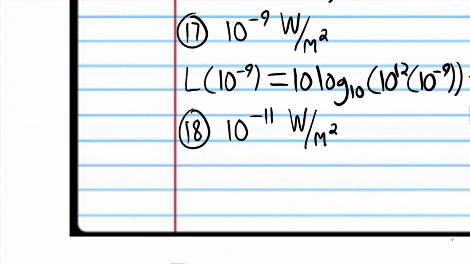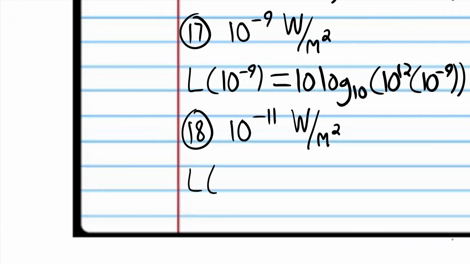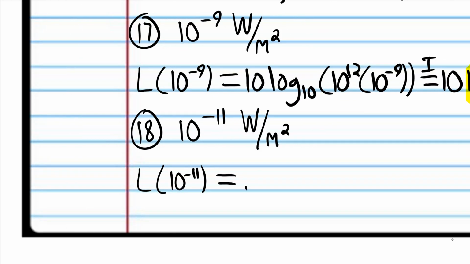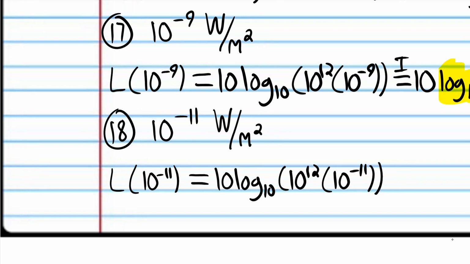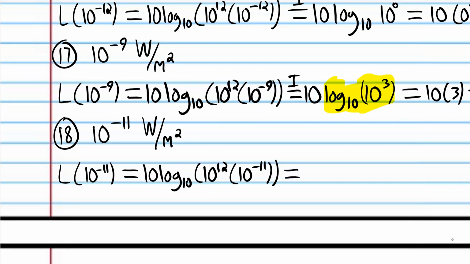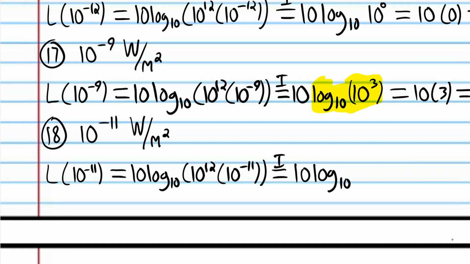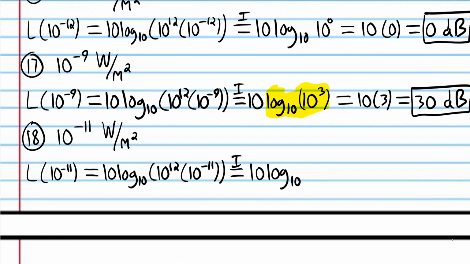All right, we're back. So L of 10 to the negative 11th is equal to 10 times log base 10 of 10 to the 12th times 10 to the negative 11th. And we need to use exponent rule number 1 because our intensity is given in the form of a base 10 power.